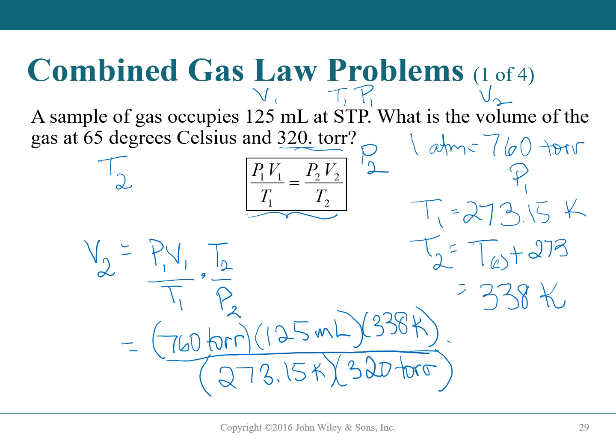Our answer is going to be in 3 significant figures. So 760 times 125 times 338 divided by 273.15 and divided by 320. We get 367. And what are my units? Torr cancels out. Kelvin cancels out. So my units are going to be milliliters. And that's going to be our new volume.